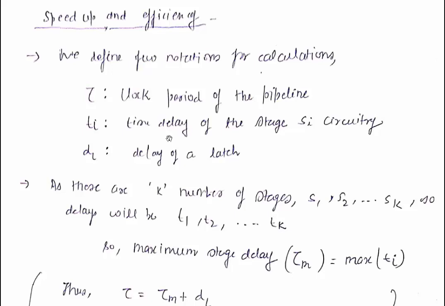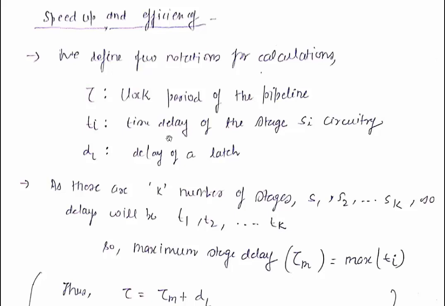So before each of the stages we have delay elements, or latches. For each of the latches you will have delays: for stage S1, T1 would be the latch delay, for stage S2, T2 would be the latch delay, for stage Sk, Tk would be the latch delay. Now because of that you can evaluate the maximum stage delay.